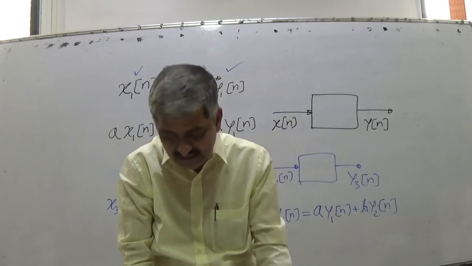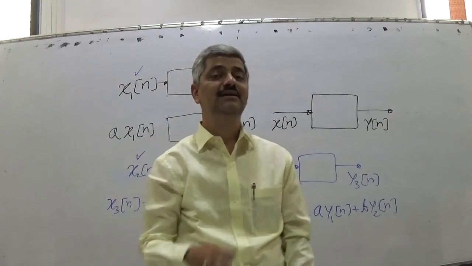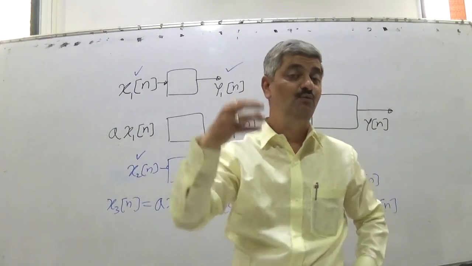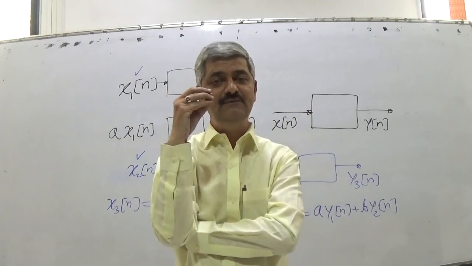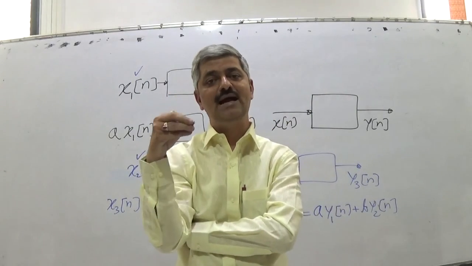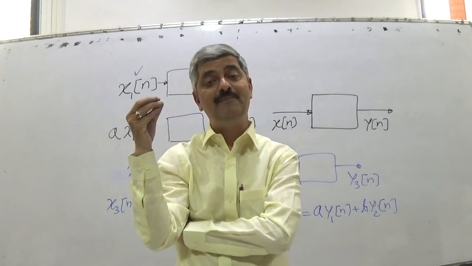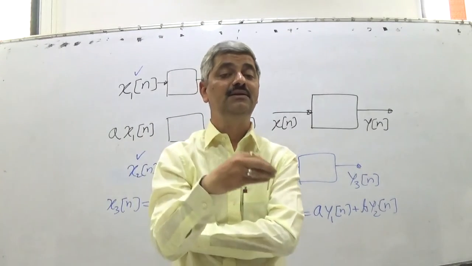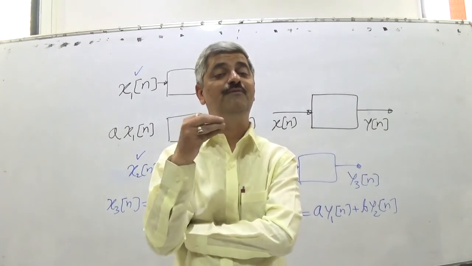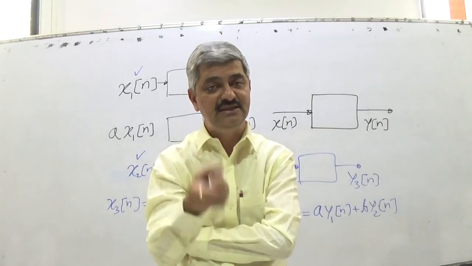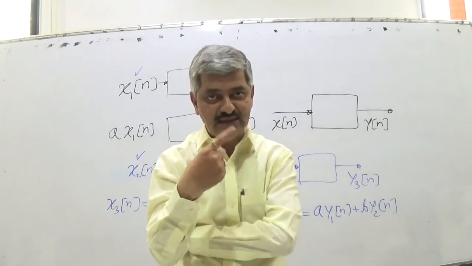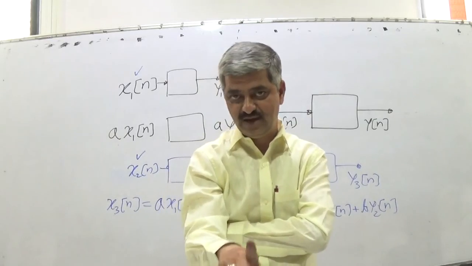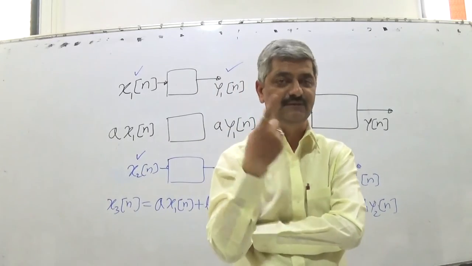If the system is linear, that output would be the weighted sum of the individual outputs. Which means if I apply two separate inputs, I get two separate outputs, and if I apply a combination of these inputs, I should get the same weighted combination of the corresponding outputs. If the system is not linear, I will not get that; I will get something different.